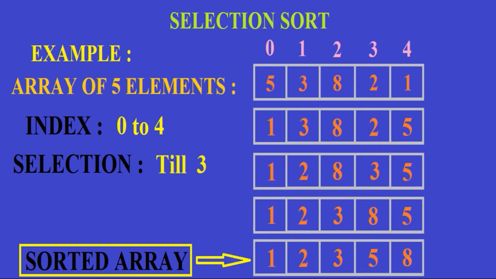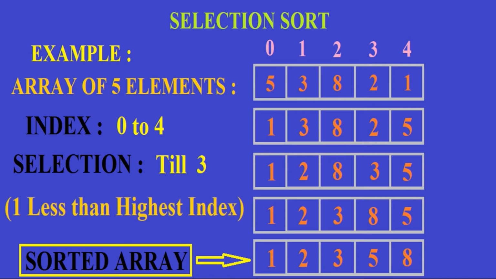So it is selecting the index which is 1 less than the highest index. It's because on selection of the second last index, we already have the sorted array. You need to remember this step because it will help you in implementing the for loop when writing the C program. Now let us go to our IDE so that we can implement this example of selection sort by writing a C program.